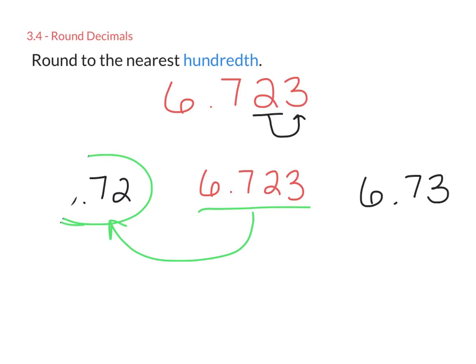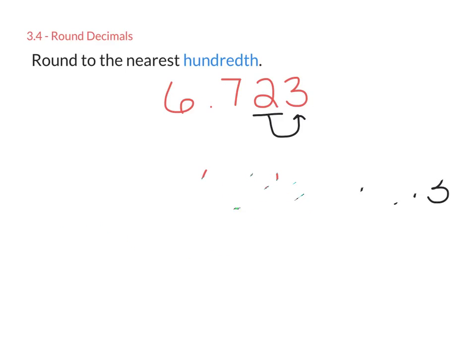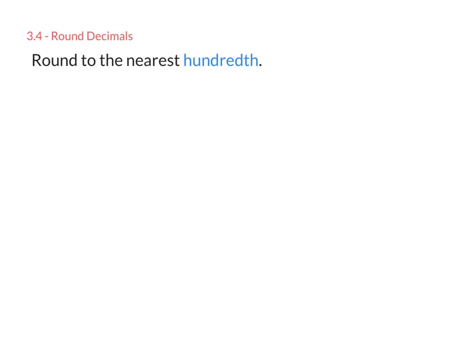We'll do one more rounding to the nearest hundredth. 0 and 268 thousandths. And again, we're going to round to the nearest hundredth. So the 6 is in the hundredths place.